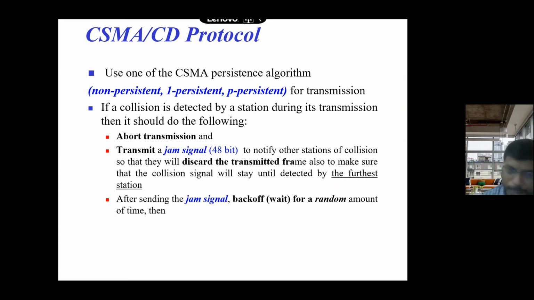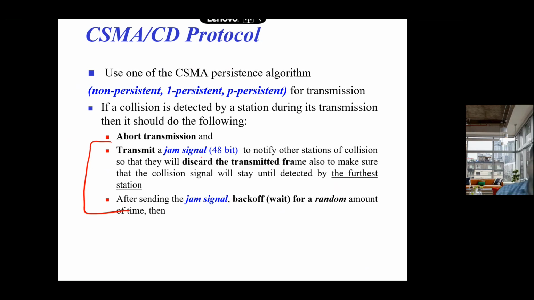You can just make a note of this, but not get bogged down. It is like sending an alert signal to everyone after you've aborted the transmission. Everyone has to know, because everyone is receiving this, that there is a collision happening. That alert signal is called a jam signal.